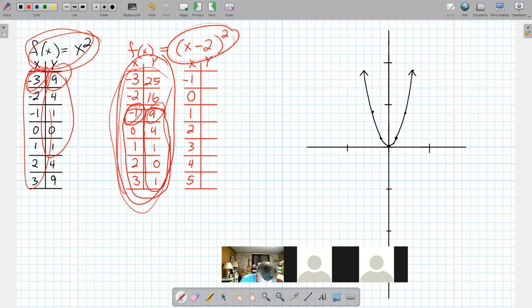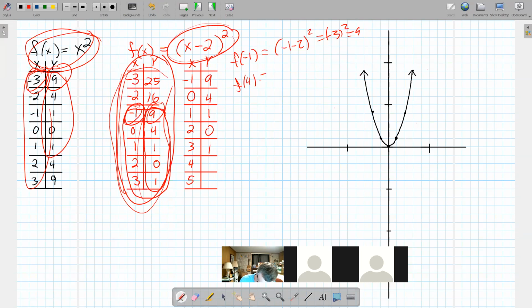So let's see what f of -1 is. It's (-1 minus 2) squared, which is (-3) squared, which is 9. We already know that from here. In fact, let's just do this. Are you okay with me doing that, or do you want me to do all the calculations? Okay, let's see.